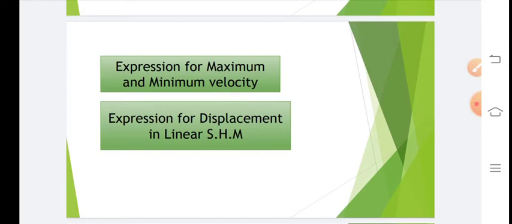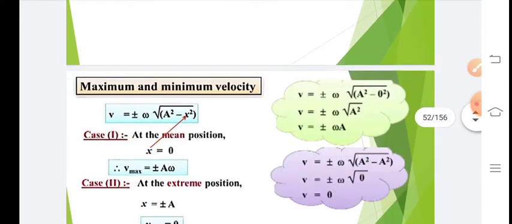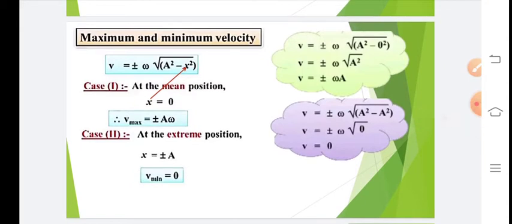Another point is the expression for maximum and minimum velocity and the expression for displacement in linear harmonic motion. So for the maximum and minimum velocity, as we know, velocity is equal to plus or minus omega square root of a square minus x square.